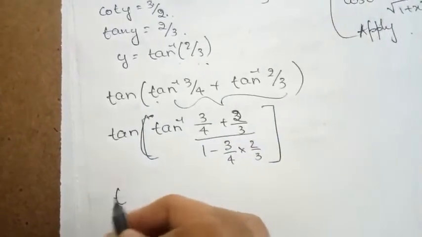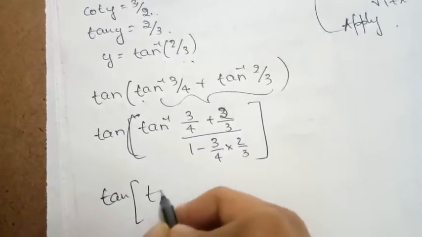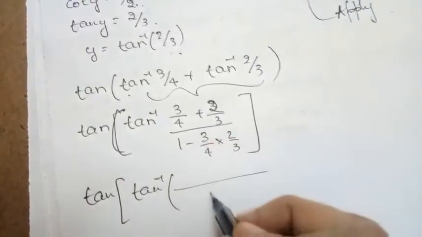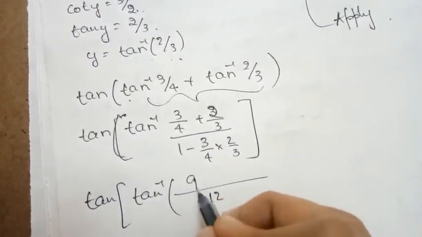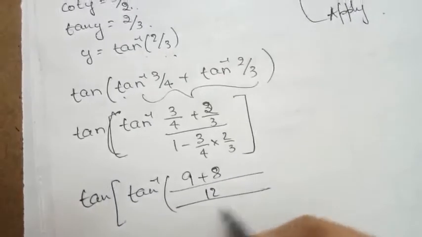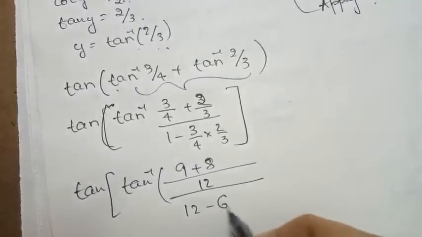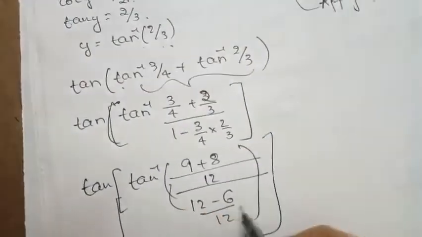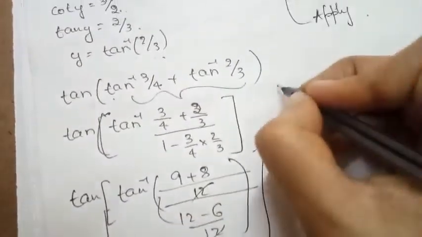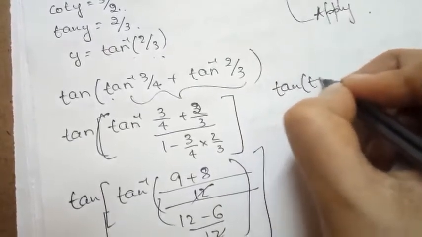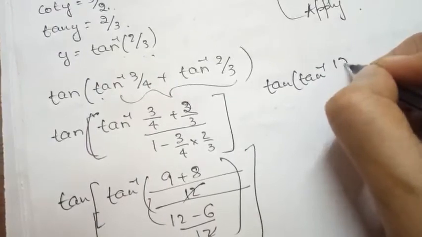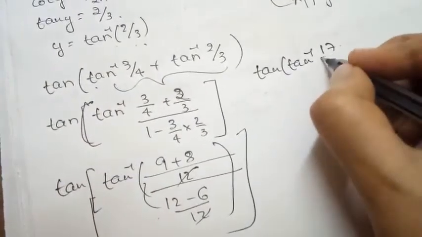Now by taking the LCM, we get 12. 3 3s are 9 plus 4 2s are 8, divided by 12 minus 6 divided by 12. The 12 cancels. So tan of tan inverse of 9 plus 8, which is 17, divided by 12 minus 6, which is 6.